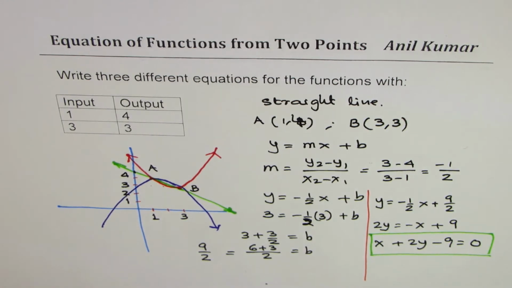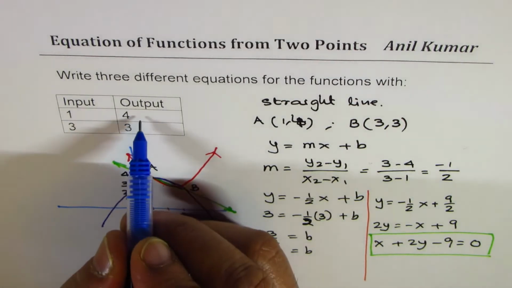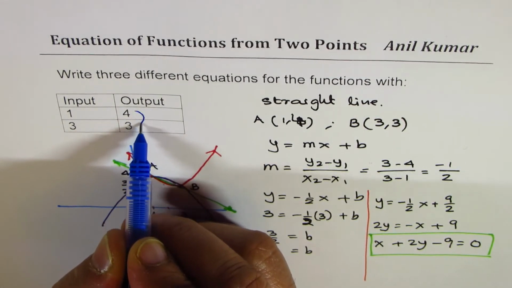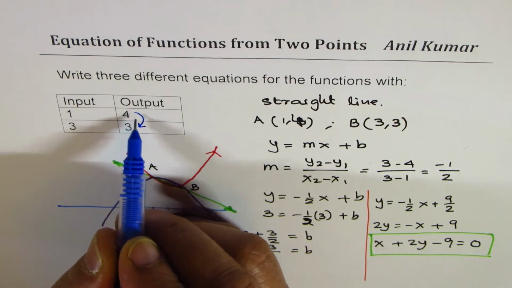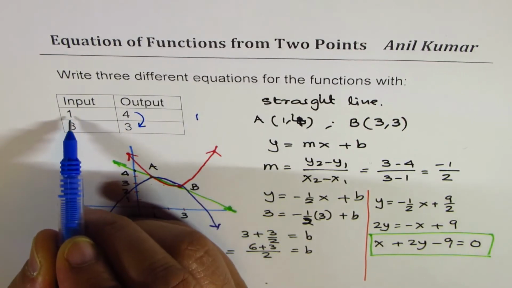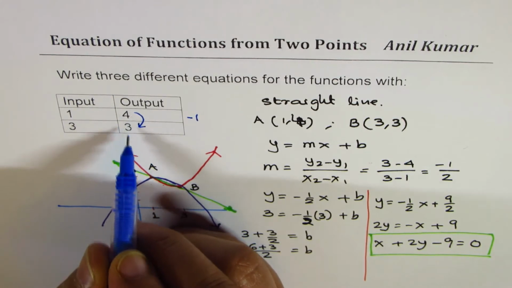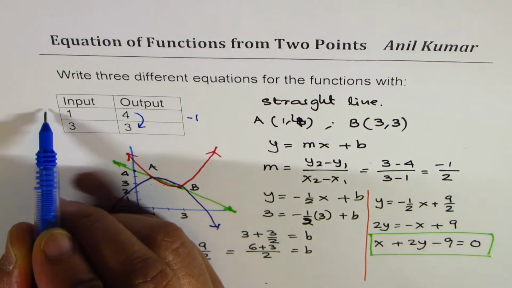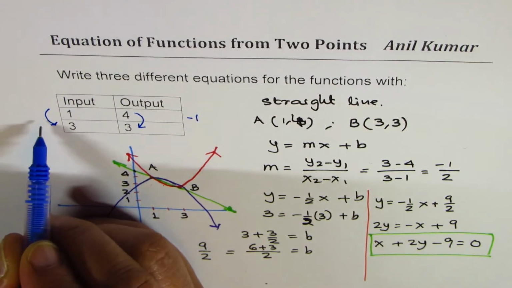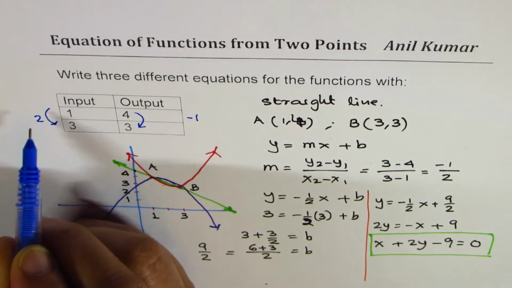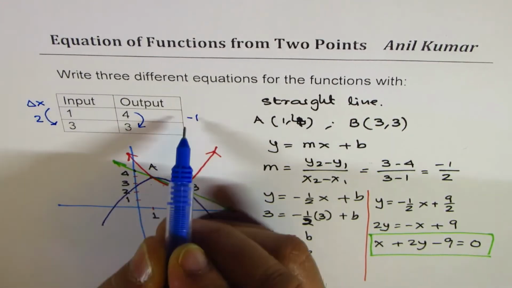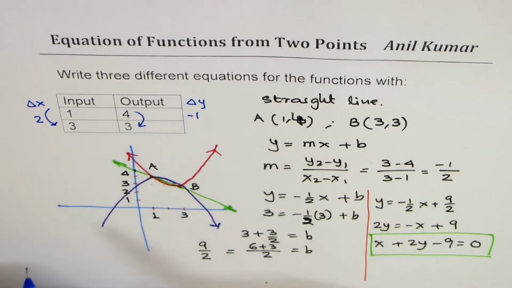Now some of you could have got this equation straight away without doing much work. Since we are going for a linear equation, what we notice here is that we are going y value by 1 and the x value, this is minus 1 since 4 to 3 is minus 1, and here the change in x value is 2, right? So this is delta x, change in x. This is change in y. Is it okay?